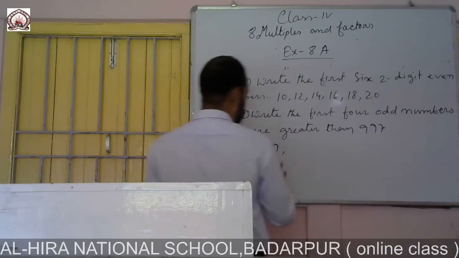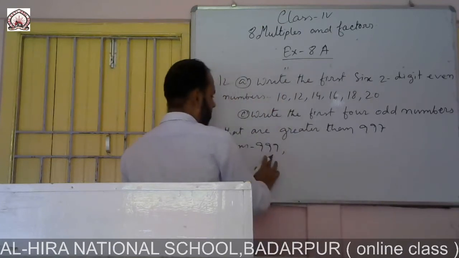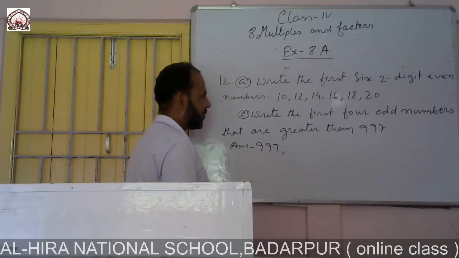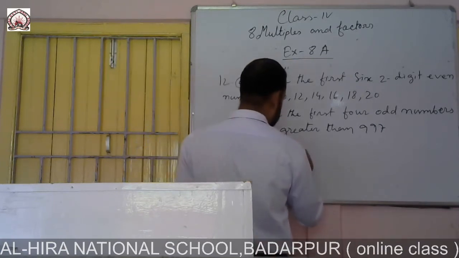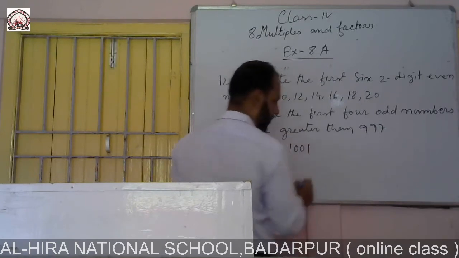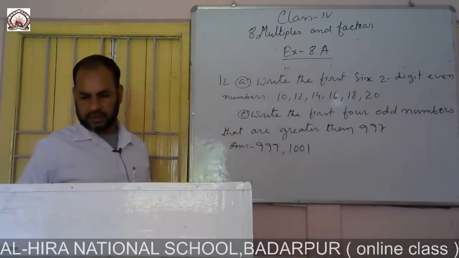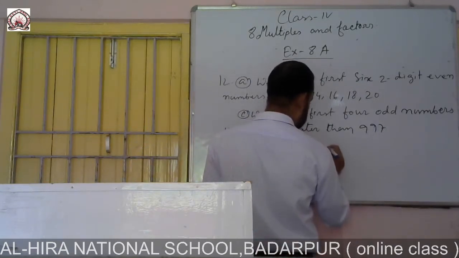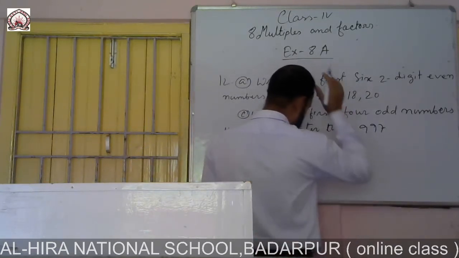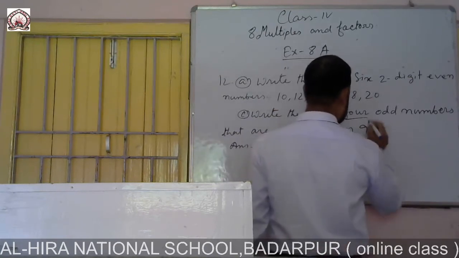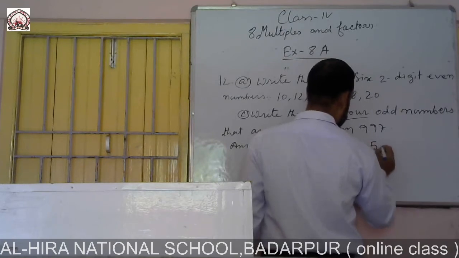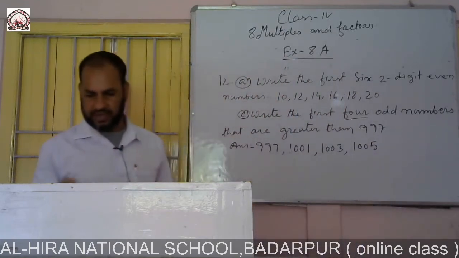Next 1000, 1000 is also an even number. So we write 1001. Next 1003. Next, the 4th, we write 1005.